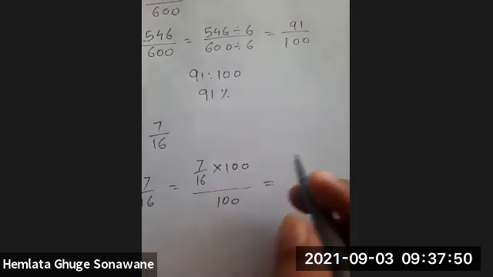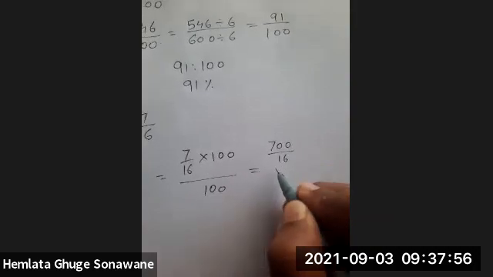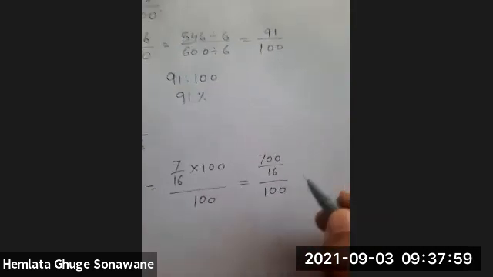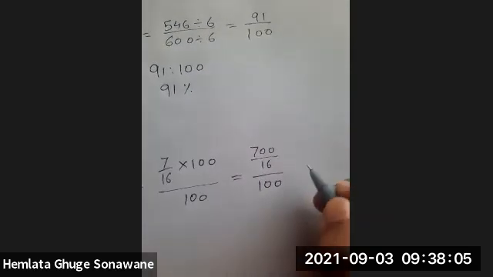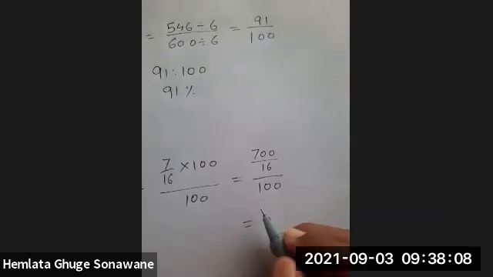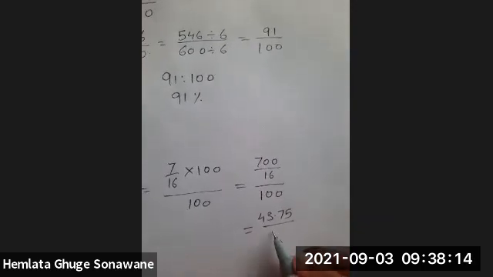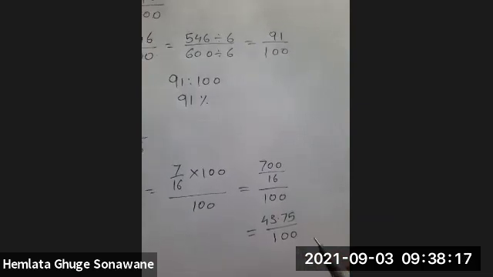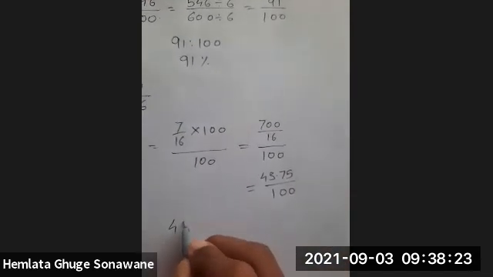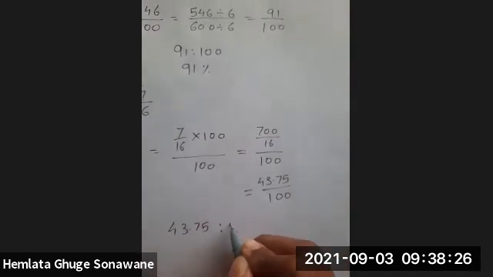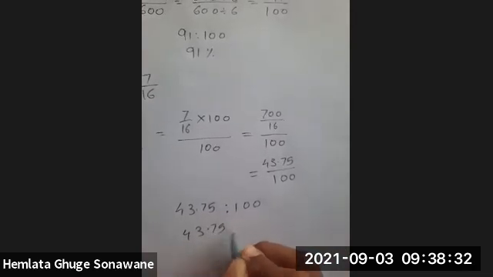We'll multiply 7 with 100, it becomes 700 upon 16. This 100 remains as it is. We'll divide 700 by 16. If we simplify, we'll get 43.75 upon 100. That is 43.75 as to 100 or 43.75%.